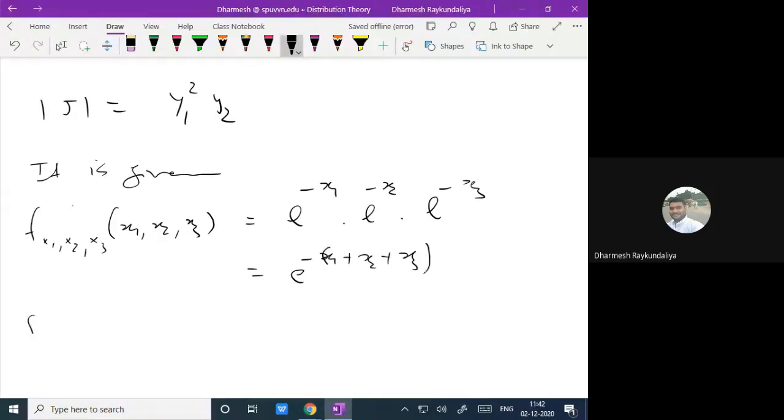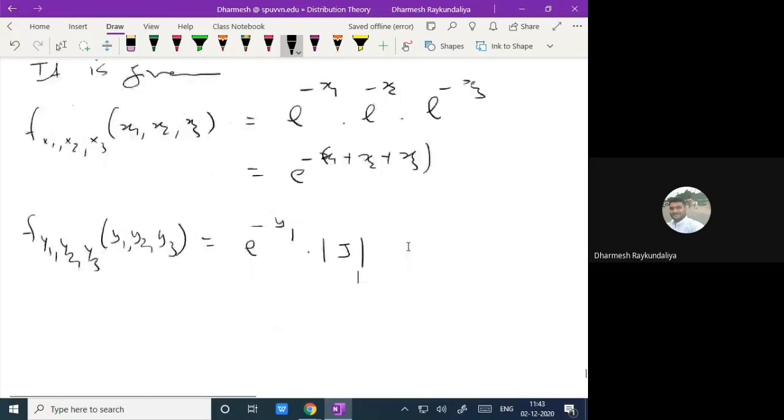So what is the density of y1, y2, y3? What is that? It is e raised to, wherever there is x1, x2, x3, you have to substitute. x1 plus x2 plus x3 is nothing but y1. And what is the Jacobian?